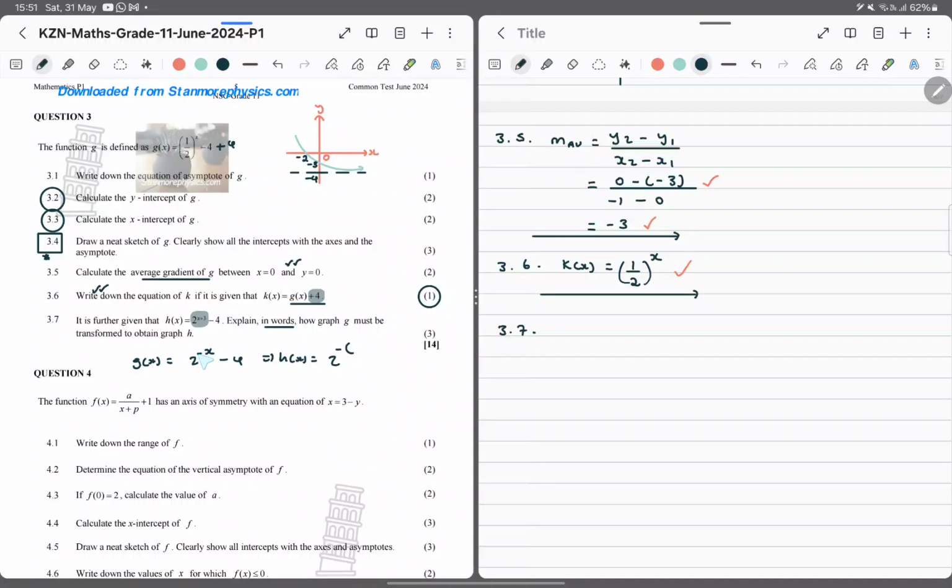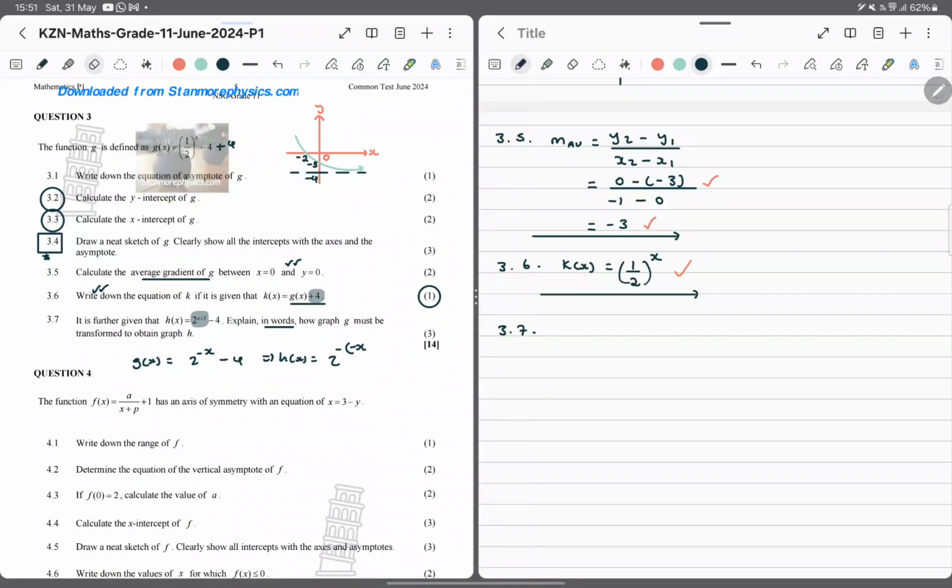Now we multiply the x by a negative. That's a vertical, no, that's a horizontal reflection when we multiply the x value by negative. But then what do we do there?